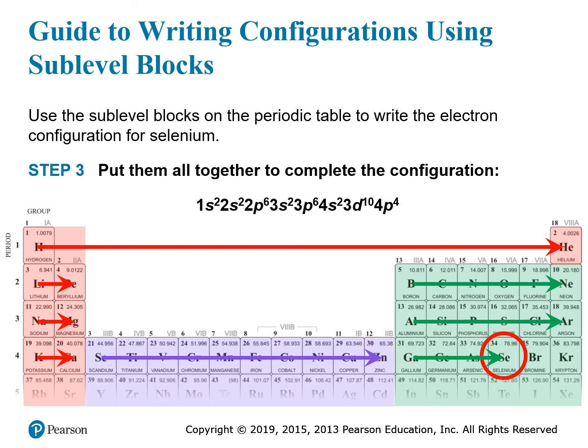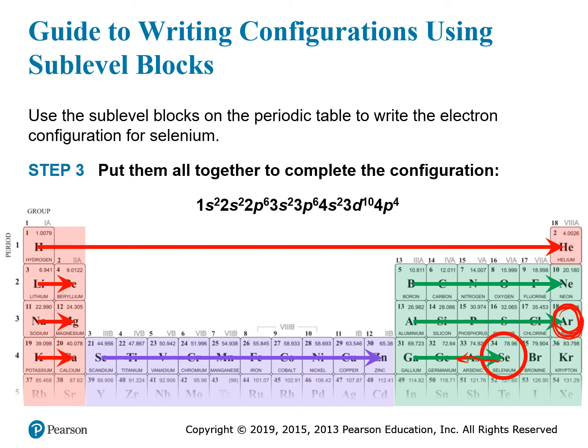You can see that we've counted through the whole periodic table, and we have the electrons in the right configuration. Now with this configuration, there's a couple of things we can do. We can go all the way through the previous noble gas, right? If we're at selenium, we can look backwards and find the previous noble gas, and it's argon. Krypton would be the next noble gas, but argon is the last noble gas before selenium.